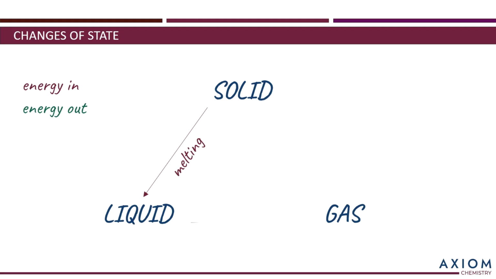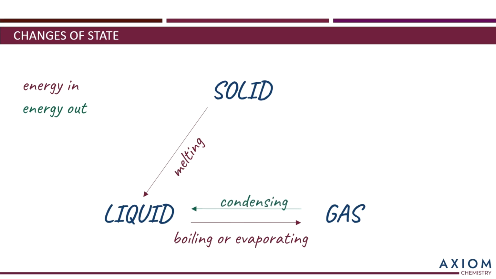If you continue to put energy in, you'll form a gas, and that's boiling or evaporating. If you go the other way, if you take energy out or cool, that's condensing and you'll go back to the liquid. And then if you continue to take energy out, you'll go from a liquid to a solid, and that is freezing.